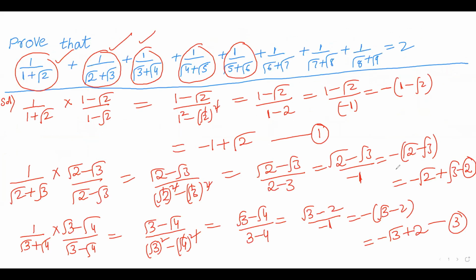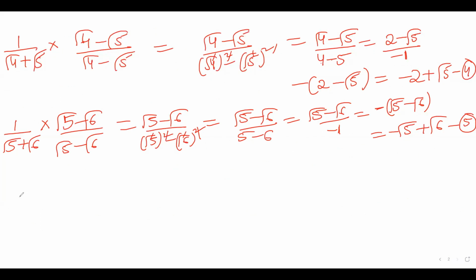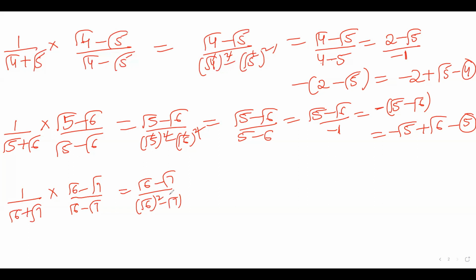Now let us go to the sixth term and rationalize. Take the sixth term: root 6 plus root 7. Rationalize: root 6 minus root 7 by root 6 minus root 7, which is equal to root 6 minus root 7 by a square minus b square.